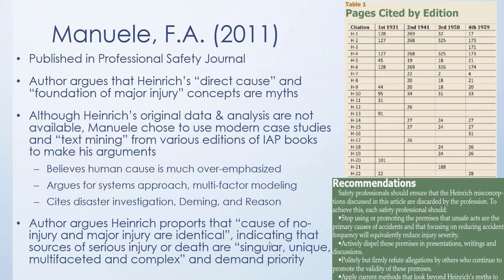And he uses some examples that I'm not really sure give the right support: that the frequency of minor work comp claims is going down, but the rate or occurrence of death and serious claims has remained somewhat consistent. And therefore, he says there is no connection between what causes the minor and the major, and we're focusing too much on the minor because we're getting success there, but we're not getting success above.